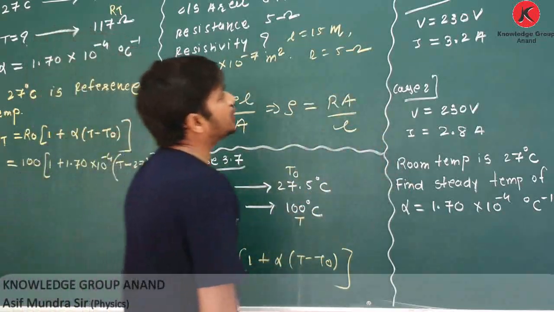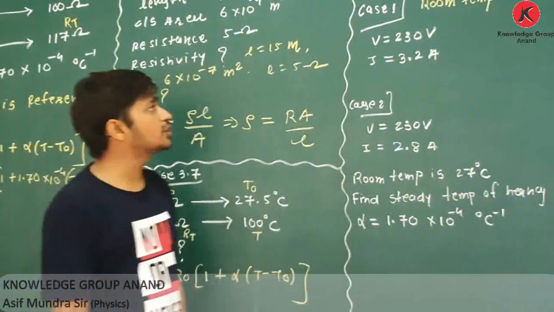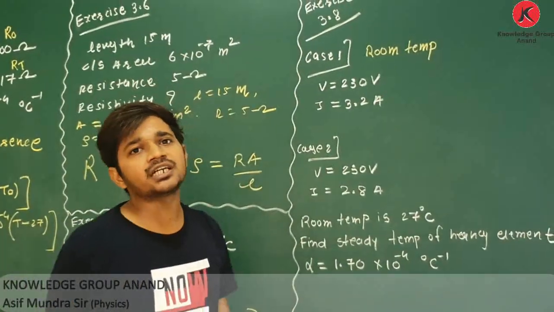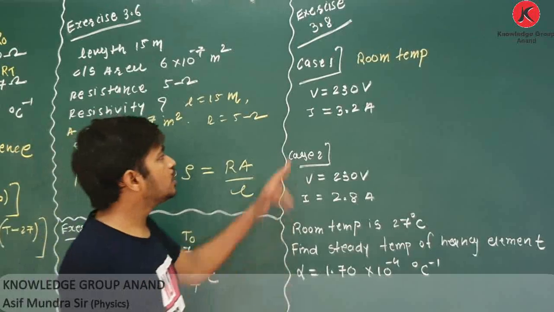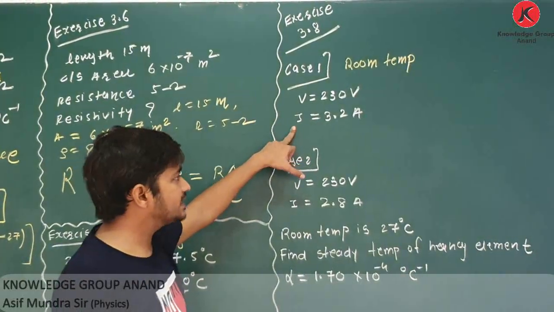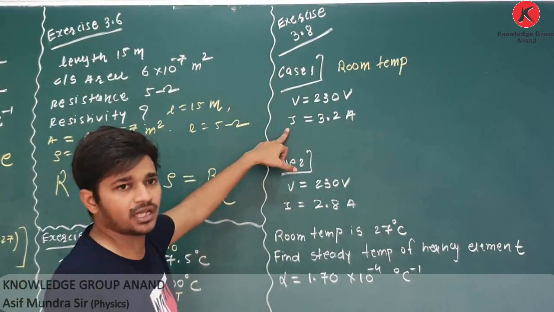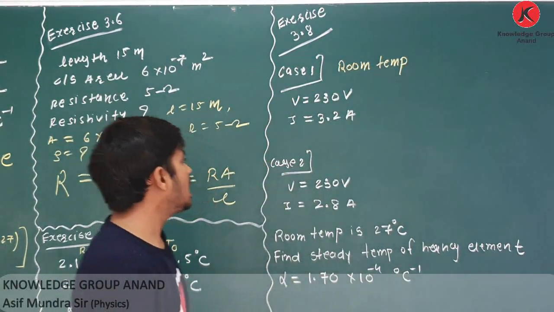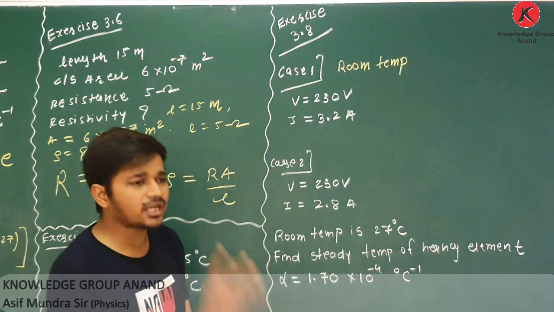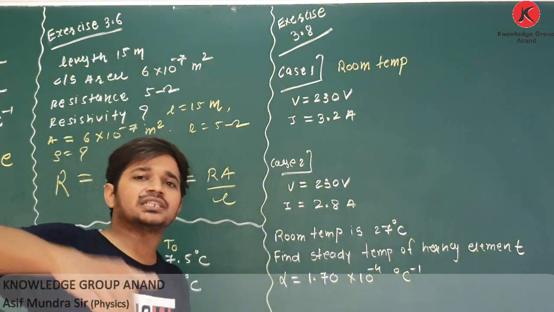See, exercise 3.8. Case 1. You are given one conductor which is connected to a 230 volt supply. Current flowing is I is equal to 3.2 ampere. Initially it is at room temperature. Now, as current is flowing from it, its temperature is changed.